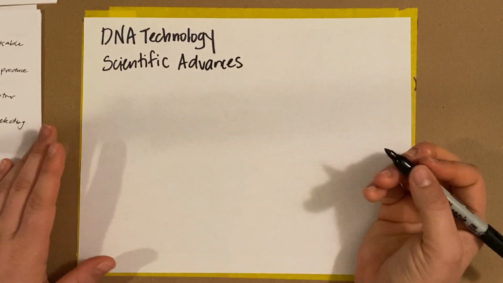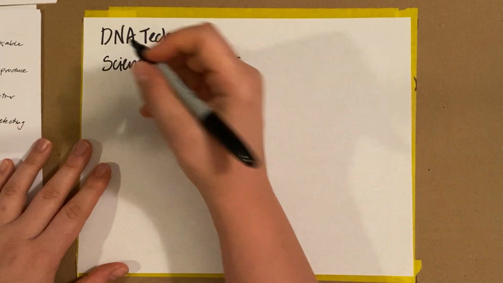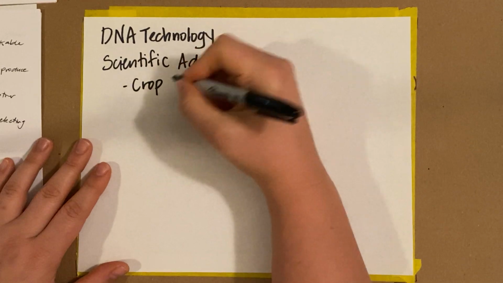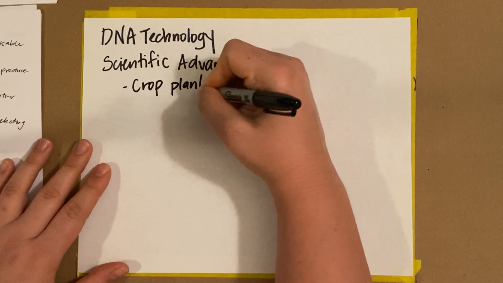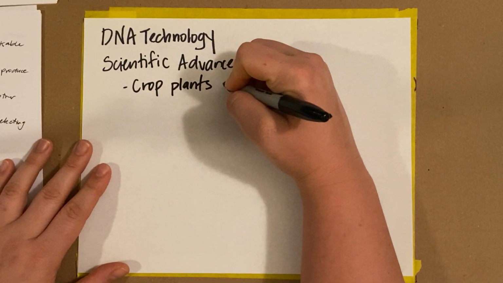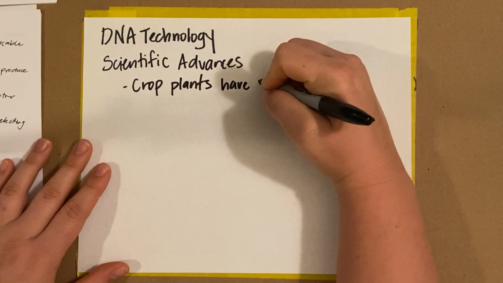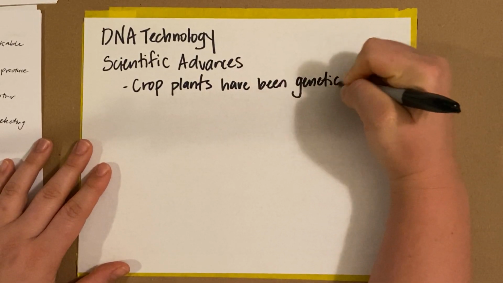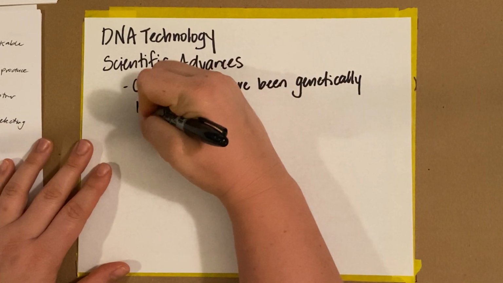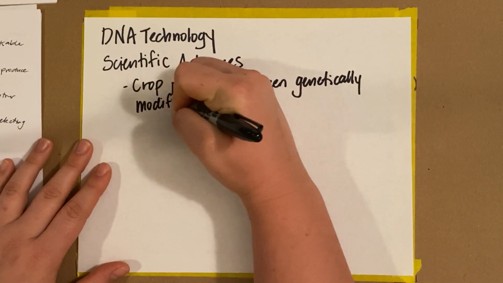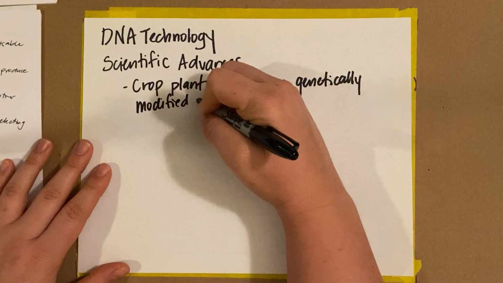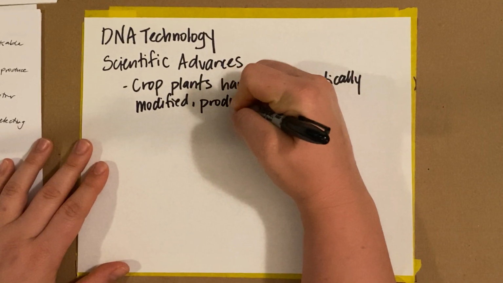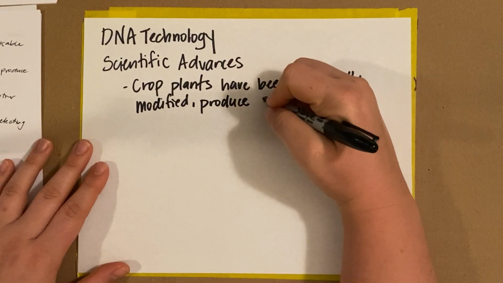And so just to name a couple, there are now crops, so crop plants that have been genetically modified, and what the modification has been is that they can produce their own insecticides.